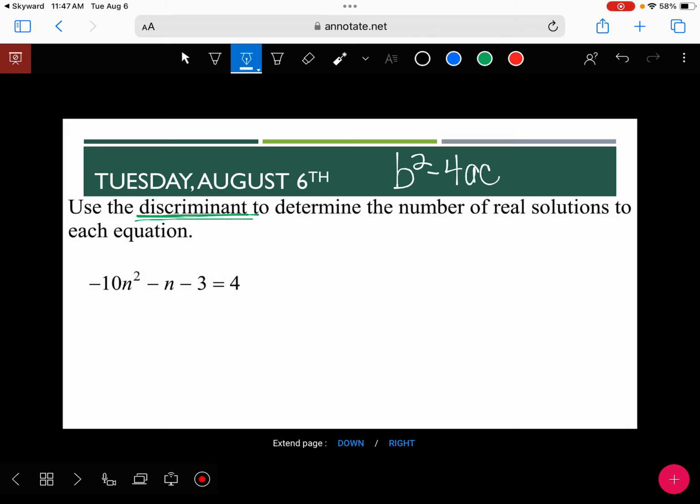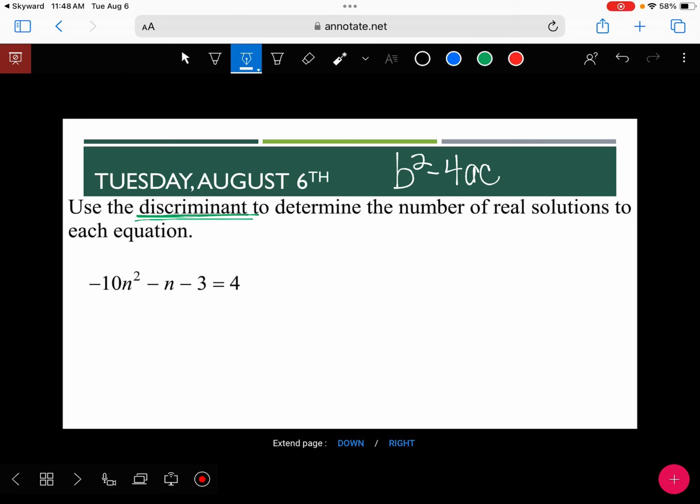That's called the discriminant. If you get a number that's positive, you have two solutions. If you get a number that's negative, you have 0 real solutions, 2 imaginary solutions. And if you get 0, then you have 1 real solution.